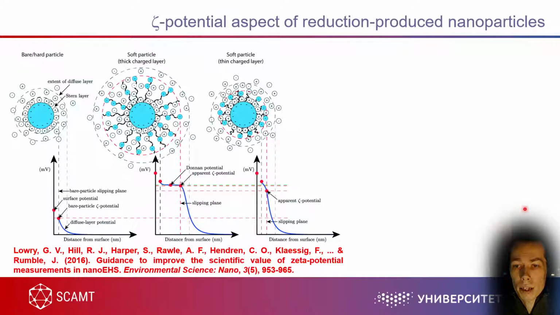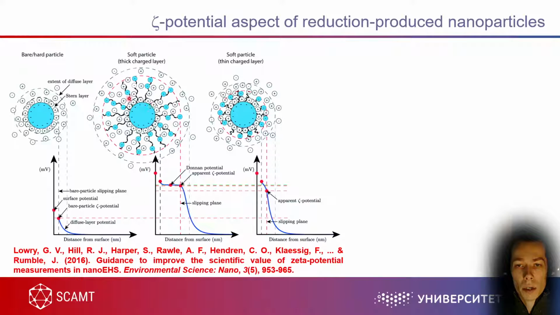Zeta-potential can be used not just to assess the stability of your particles, but also to assess the structure of your nanoformulations and microformulations. Depending on the structure of the layers on the surface of your particles, they can be bare particles, like magnetic particles, magnetite or gold particles, and the dependence of the potential on distance will be exponential.